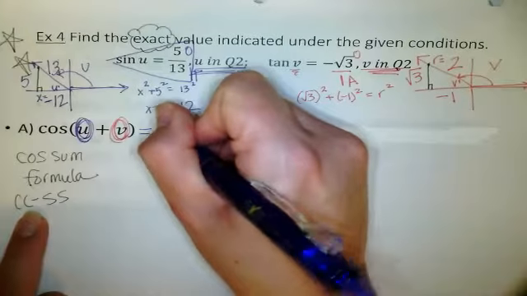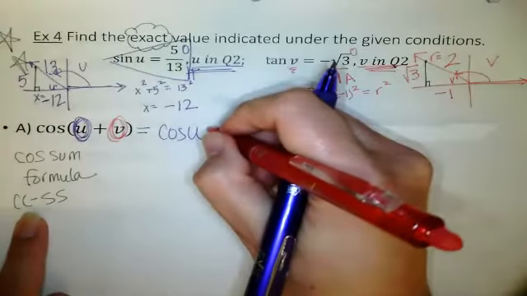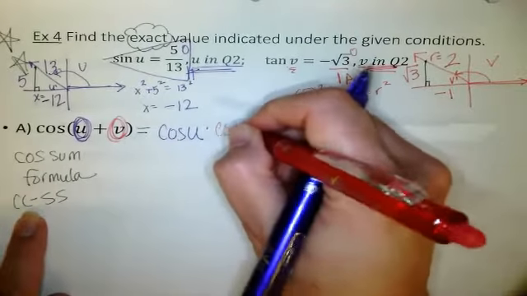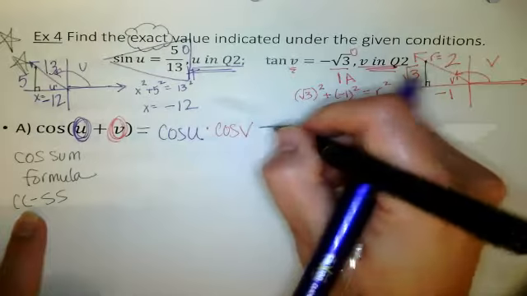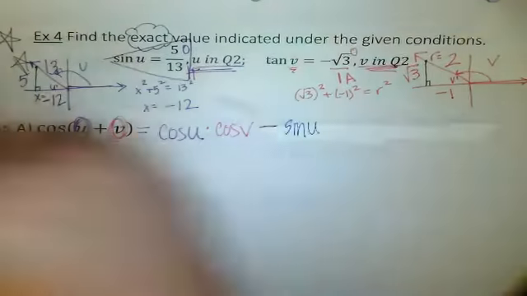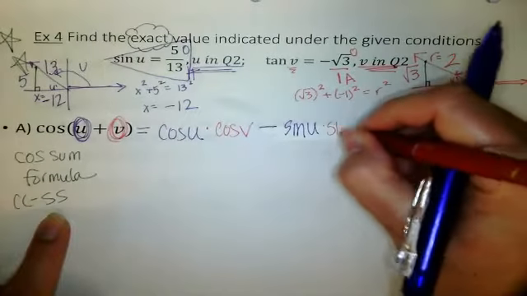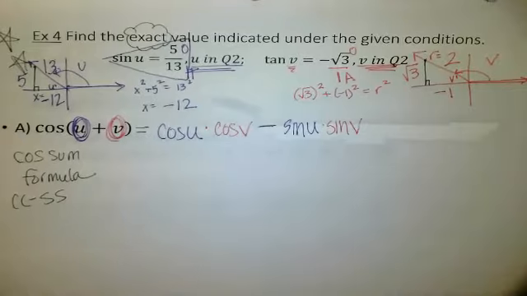So that's going to be cosine of U times cosine of V, change the sign, minus sine of the first thing times sine of the second thing. So cosine of U times cosine of V minus sine of U, sine of V.